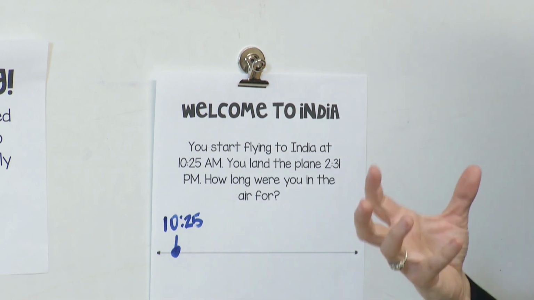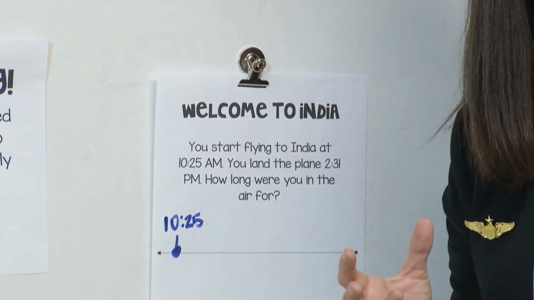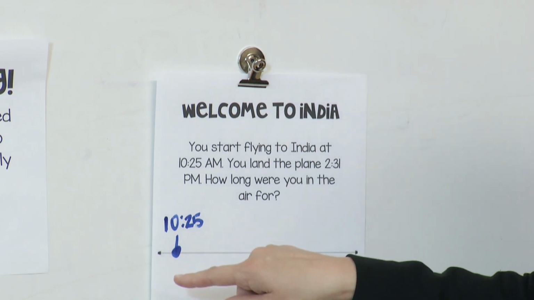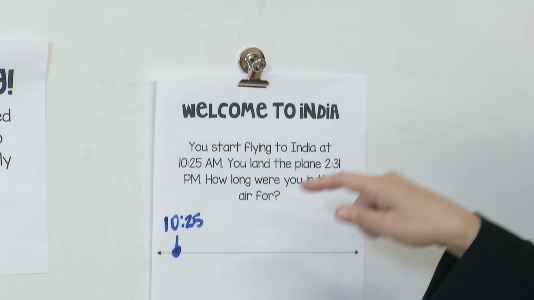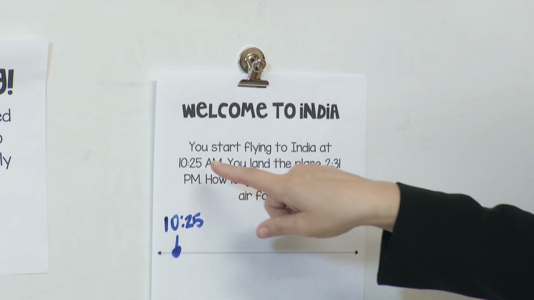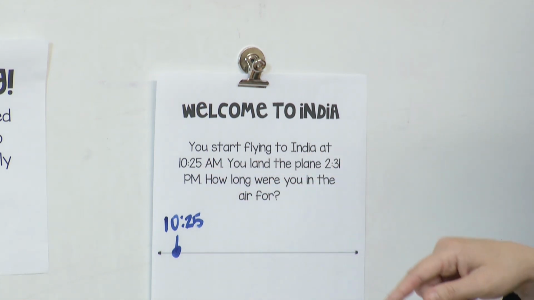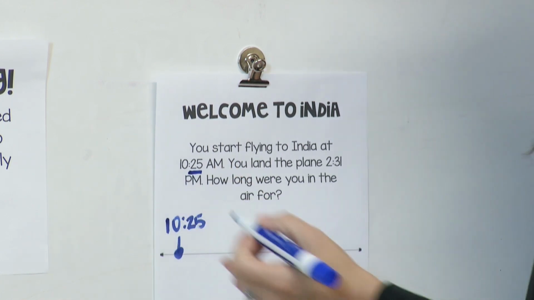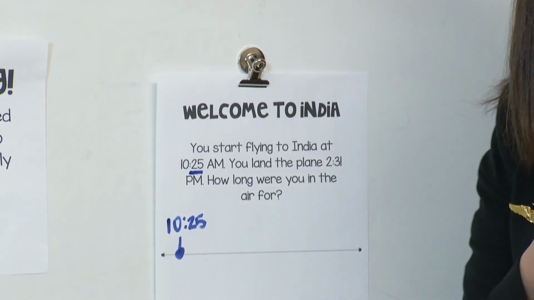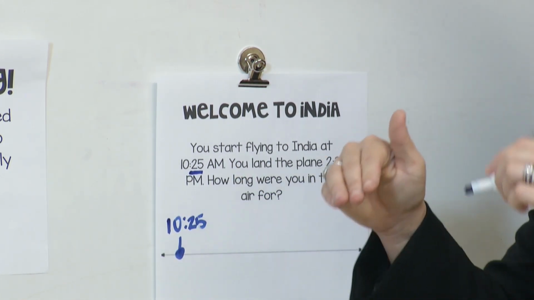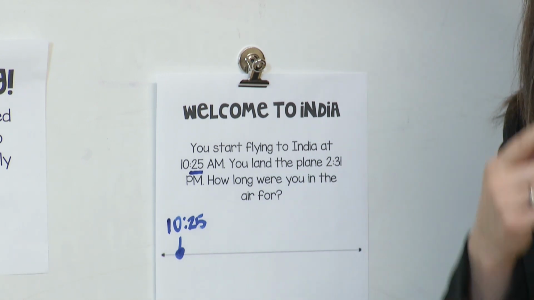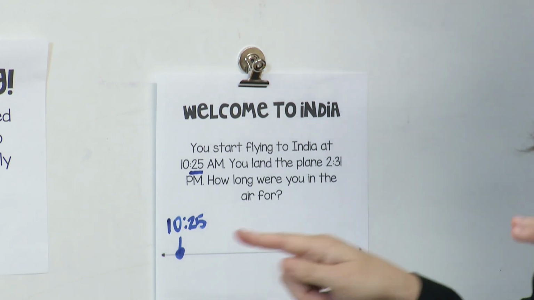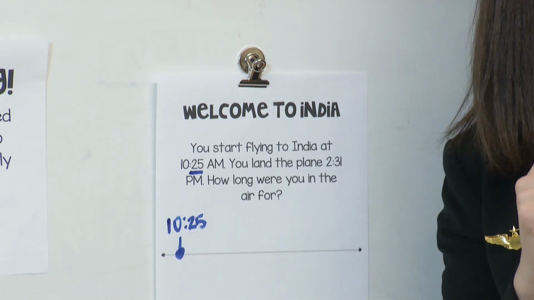Well, the easiest, largest chunk of time is an hour when we're looking at hours and minutes, okay? So we are going to move hours. Okay, well, we're at 10 and we need to go to 2. We also learned the other day that if we go in hours and we go the same amount of minutes, so if we're at 25 minutes, if we go to the next hour, which is 11:25, that's a full 60 minutes, not just going straight up to 11, because you already have 25 minutes that are passed, and that's not a full 60 minutes.